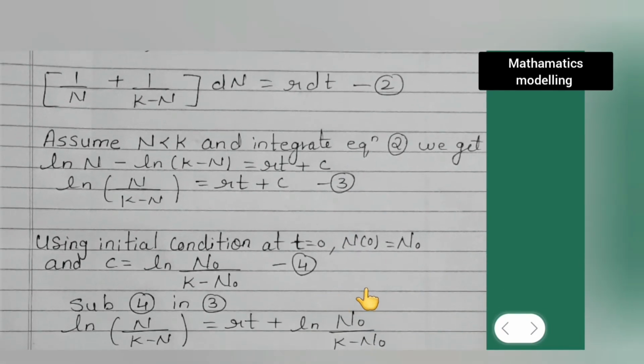Then what you have to do is, using the initial condition at t equal to 0, N(0) is equal to N naught, find C. If you take t to be equal to 0, the value of rt will be equal to 0, right?